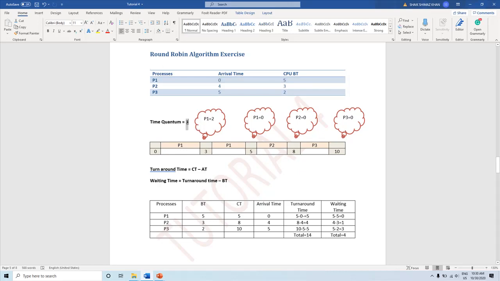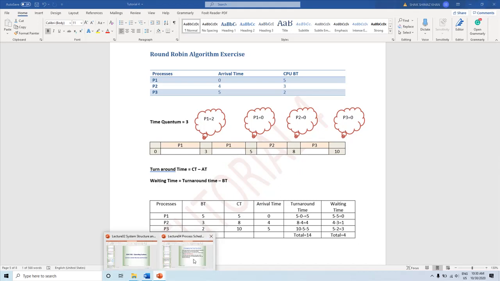So if the time quantum is very small, there would be many context switches, and the time wasted in context switching also increases.